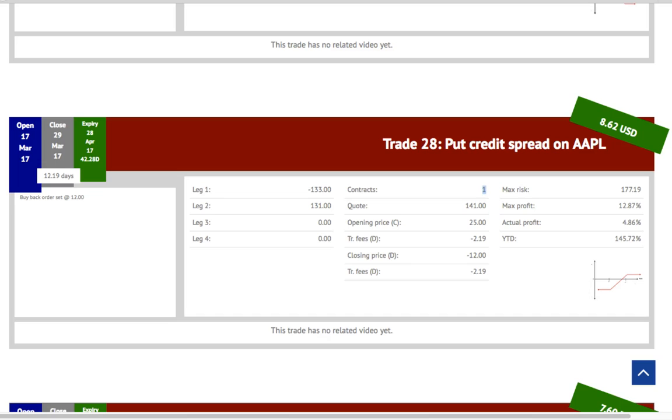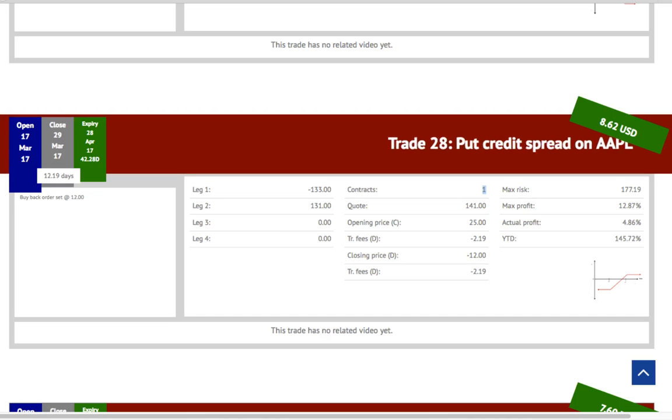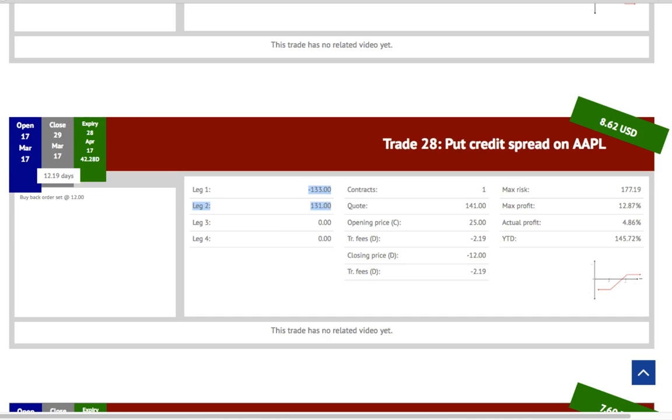Let me just highlight this. One contract times 133 minus 131. That's 1 times 2 times the normal equity option multiplier of 100. This just simply means that a contract is equivalent to 100 shares of Apple.